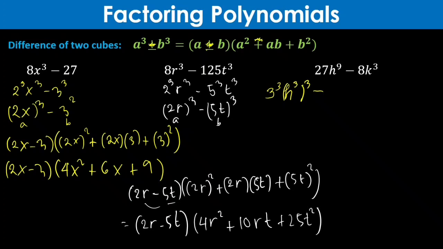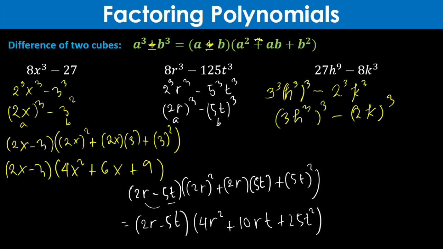And 8 is 2 cubed. k cubed is k to the 3. We can single it out by laws of exponents. This is 3h cubed to the 3 minus 2k to the 3. Here we already expressed it as difference of 2 cubes.